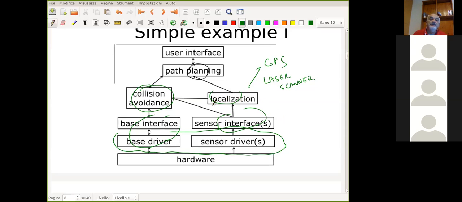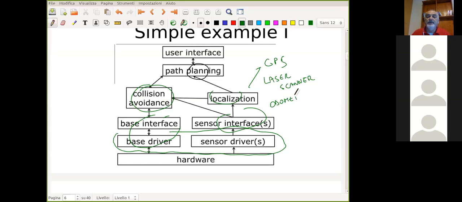So localization is computing the position in space, in the Cartesian space of the robot, taking into account all the information taken from the laser scanner, from GPS, or any other device for localization, and the so-called odometry.